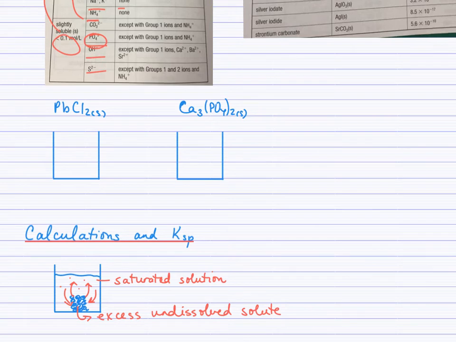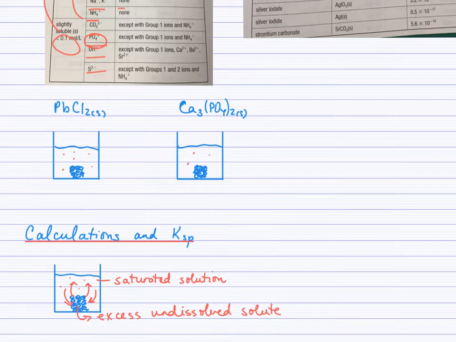Okay, as a check of your understanding now of the comparison between lead 2 chloride and calcium phosphate, I'd like you to draw in each beaker the equilibrium system between each solid and their ions. So consider the components of the diagram, draw them too, and then check back with the video. Alright, so both diagrams show beakers with saturated solutions with excess undissolved solute.